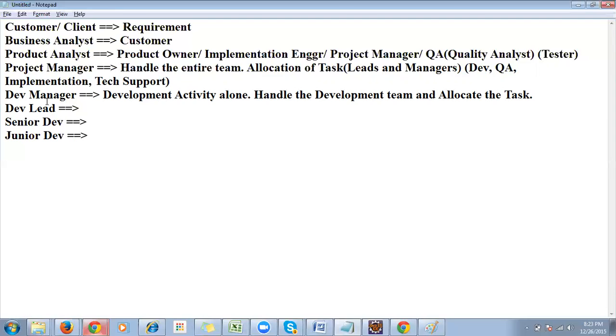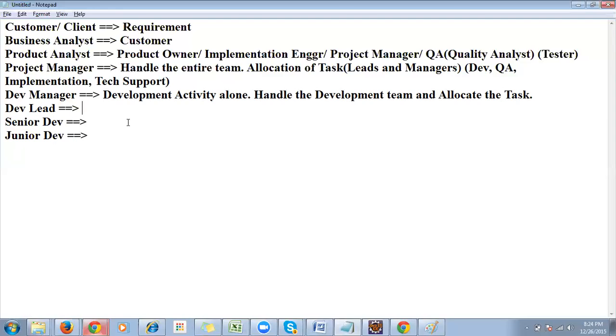They will give the developers entire information on how the task can be done, what critical areas they will find, and how much time it will take to complete the task. All those things will be done by the development lead and the senior developer. That's what these guys will do.